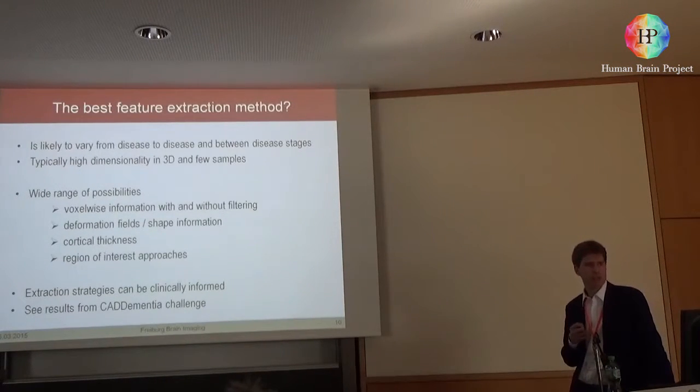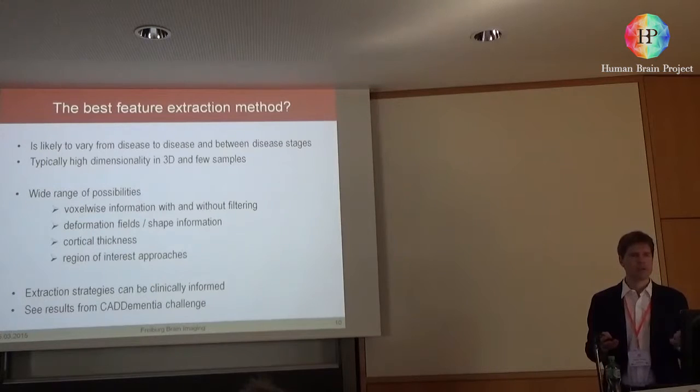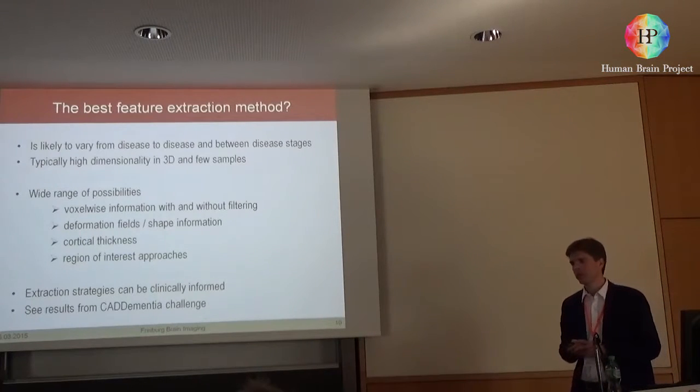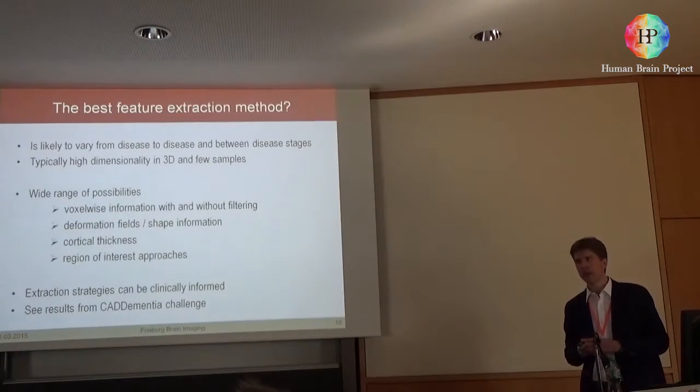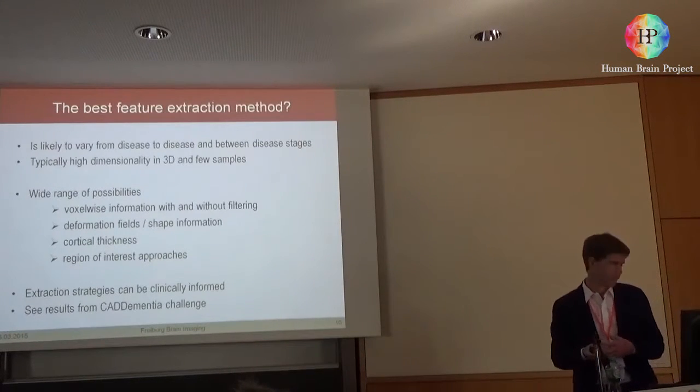But if you then have a classifier that performs 100% accurately on these data, you're of course wondering, what does that mean? Is it really picking up AD-related pathology? Which can't be the case if you know you only have that present in about 80% of cases. And I would say this is an indication of overfitting.